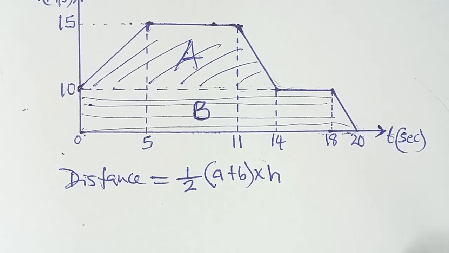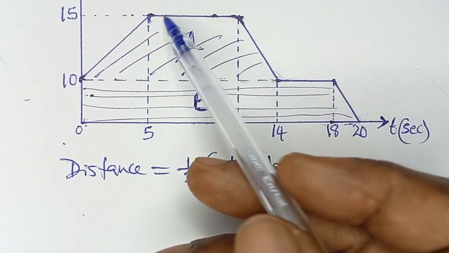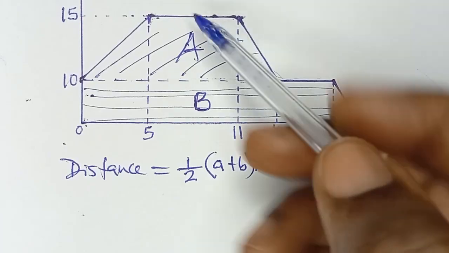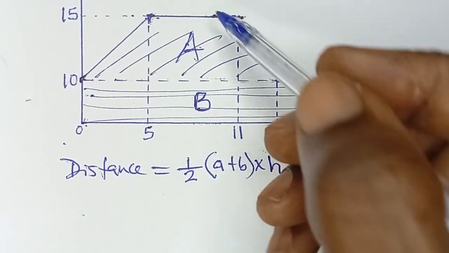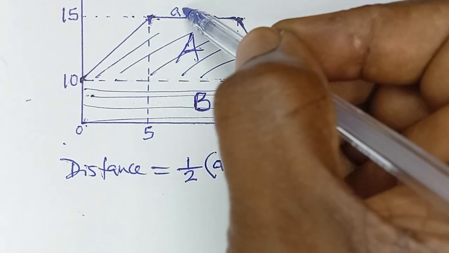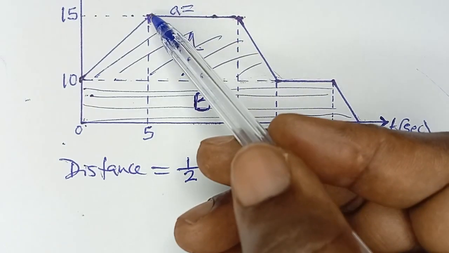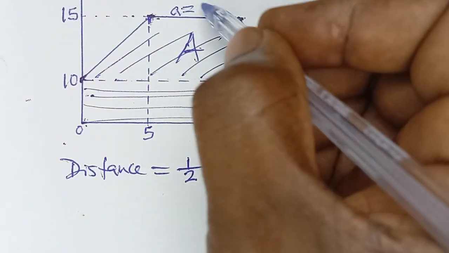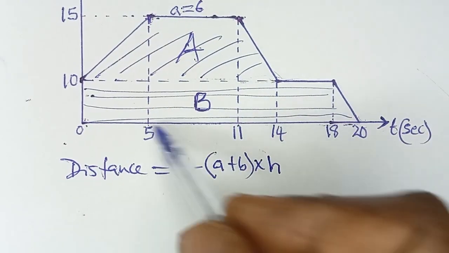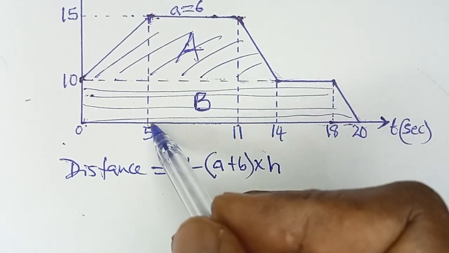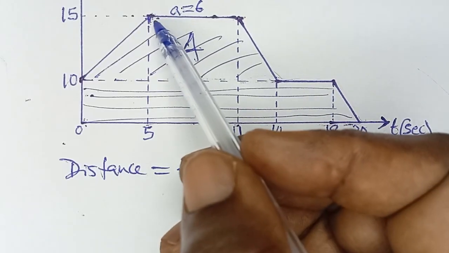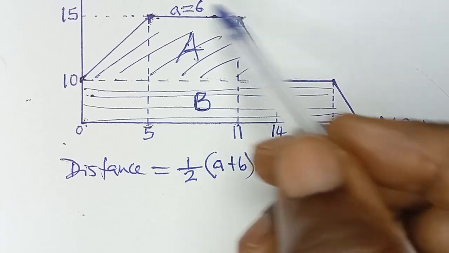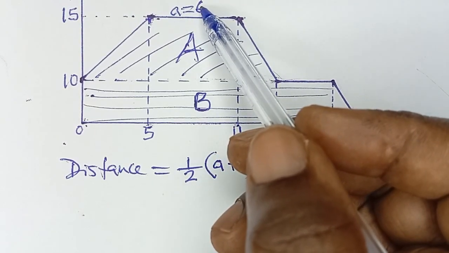In this first shape, there is the trapezium A. This part is the portion that is called small letter A. To get this distance, we simply say 11 minus 5, and that will give us 6. So this distance from here to here is 6, and that is also equal to this top, because this length here is also equal to this length. So I have my A as 6.